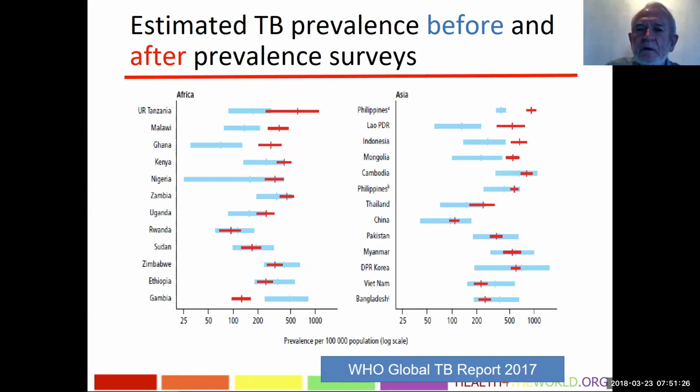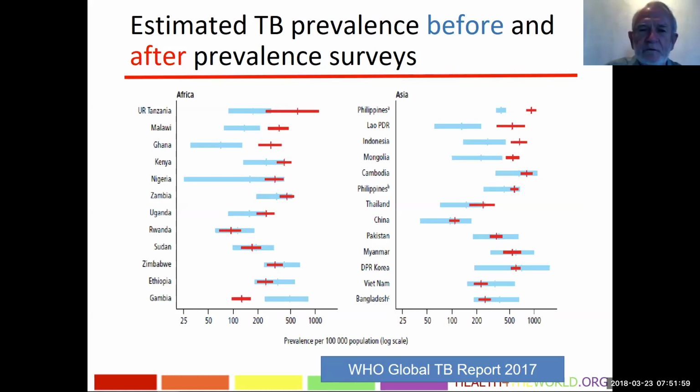And you can see that the blue bars, which represent the estimates prior to the prevalence surveys, generally reflect lower numbers than the red bars, which are the estimates derived from the prevalence surveys. And in some of these, it's quite a substantial difference. I should point out that the scale at the bottom is a log scale, not a linear scale. So you can't just look at this and say, well, it doesn't look that much higher.